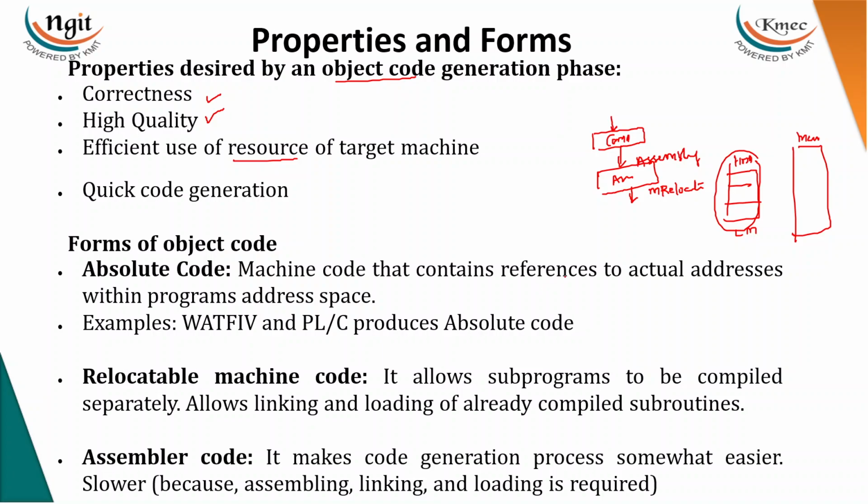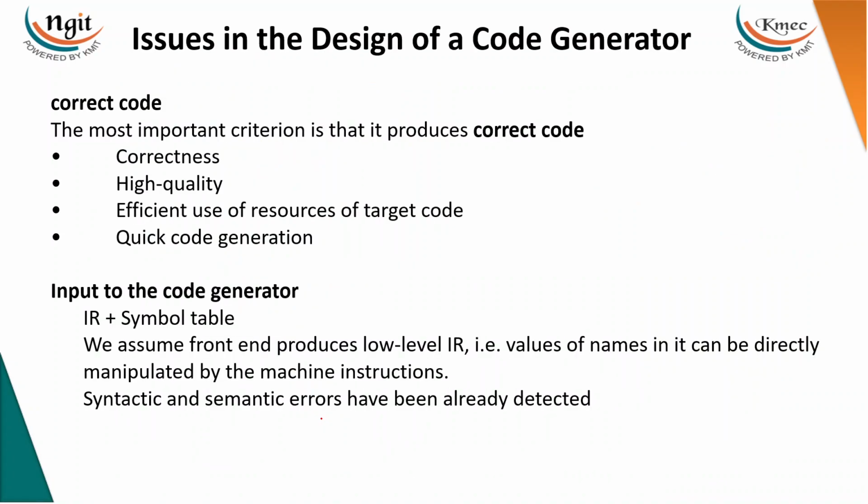Once compilation, linking and loading are everything done, then that will give you the absolute code, which is stored in the actual addresses, means RAM. So WATFIV and PL/C produce absolute code directly once the compiler is done. But some generate only assembly code, like C. Some generate machine relocatable code directly. So based on the programming language and operating system, the forms of object code may be different.